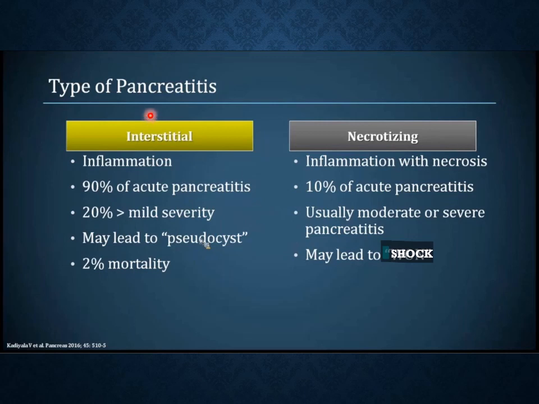What are the types of pancreatitis? Clinically, there are two types of pancreatitis. One is known as interstitial, and the other one is necrotizing. In interstitial pancreatitis, there is acute inflammation. Fortunately, the vast majority of patients, 90% of cases, fall into this category, and only 20% of them can become more severe.